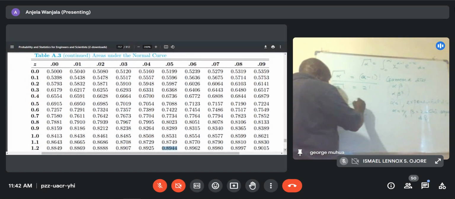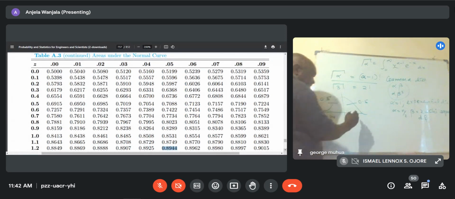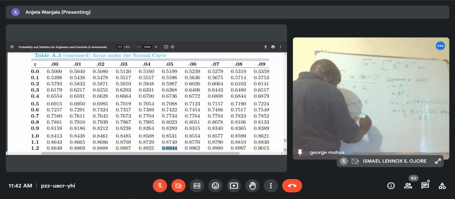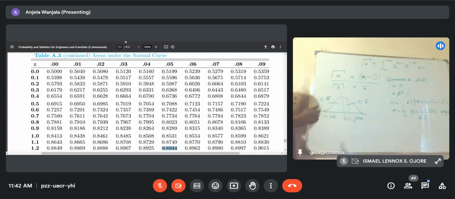The area to the right is 0.5, and the area to the left is also 0.5. Now the values here are negative Z values. Why? This is a number line. When you have 0, to the left are negative and these are positive Z values. So when she's talking of 1.25, it is here. Okay, it is on the right. If it was negative, we would put it on the left.